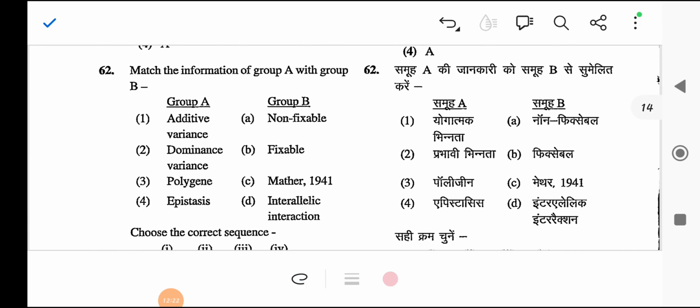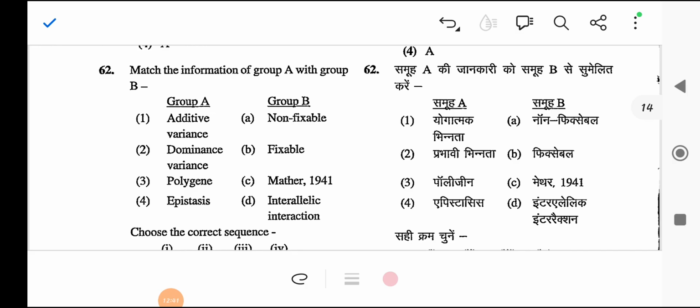Next is, match the information of group A with group B. Group A, additive variance. Additive variance is fixable. When there is dominance variance, the opposite will be there, it is non-fixable.